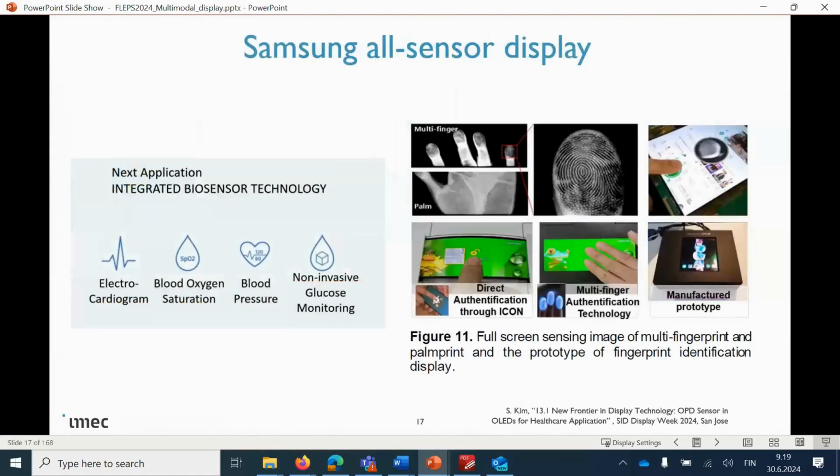So one step further, we see that, for example, Samsung just one month ago at SID were talking, besides the fingerprint that they have already out there, they have a demo on the right, you see a multi-finger demo.